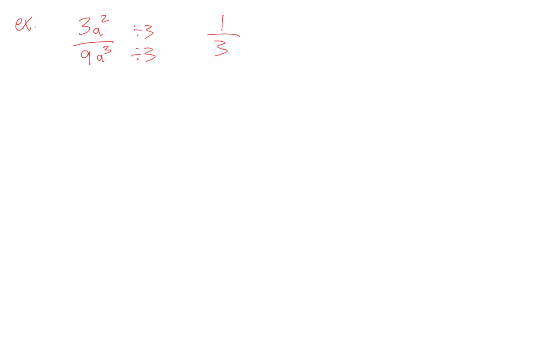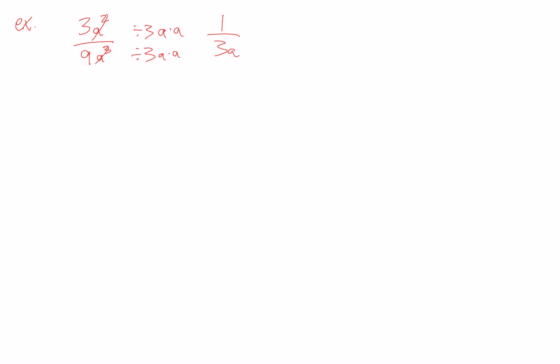Now we have a squared and a cubed. Think of those as a times a on the top, and on the bottom you'd have three of them, a times a times a. But we can cancel out 2 of them. We can take an a squared out of each. So we have 2 a's on the top, get rid of those, 2 a's on the bottom, get rid of those.